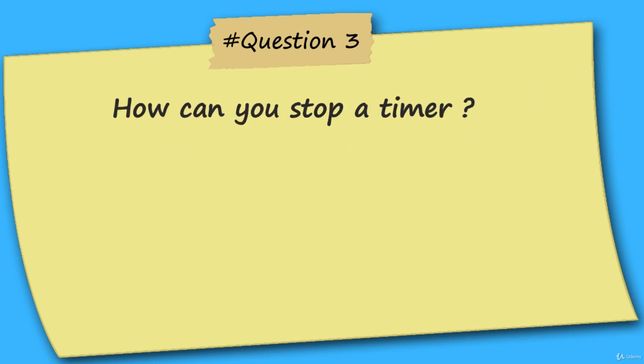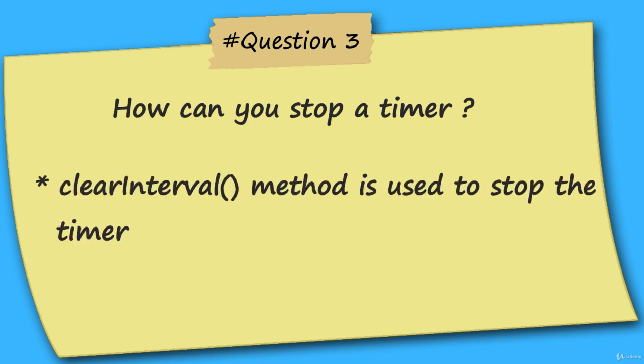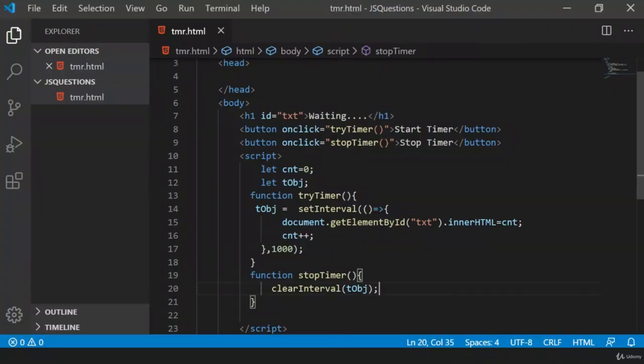Third question, how can you stop a timer? So we have used the clearInterval. Remember that whenever you use setInterval, let me share the code, you can use it without this TOBJ, that is any reference we are taking. If you are using it without a reference, then you have no scope to stop the interval at a later stage.